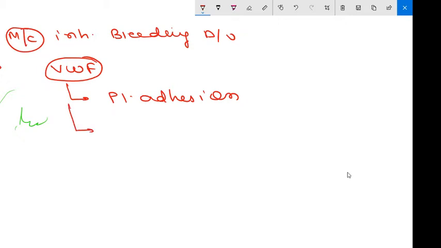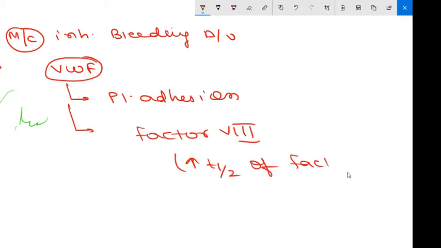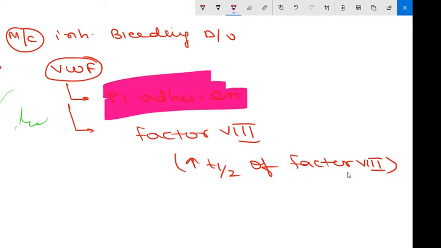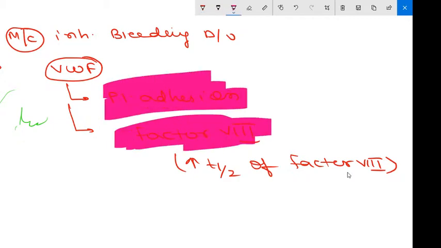The second role is that it acts as a binding protein for factor 8, resulting in prolongation of the half-life of factor 8 in circulation. Clear? So these are the two basic functions you have to remember. This is very important: platelet adhesion, then factor 8 prolongation.